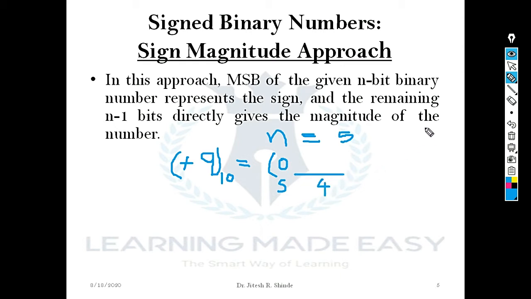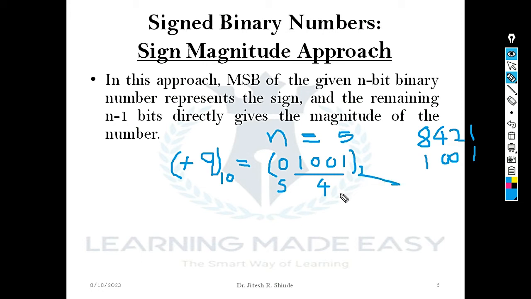Let's use here the knowledge of the 8421 code. 8 plus 1, 9. Only 8 and 1 are involved in the addition, so the corresponding bits are placed 1. 4 and 2 are not involved in the addition, so place 0, 0. Thus the answer is 1, 0, 0, 1 for the magnitude.